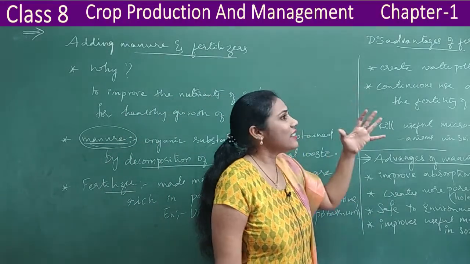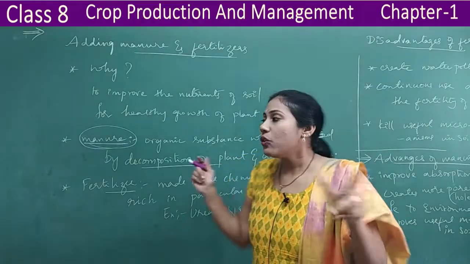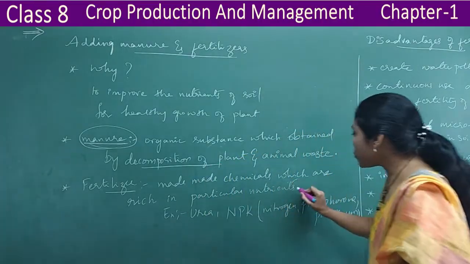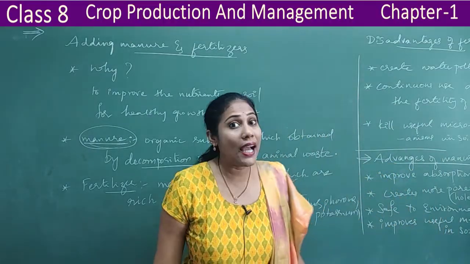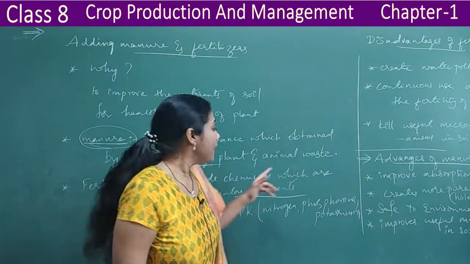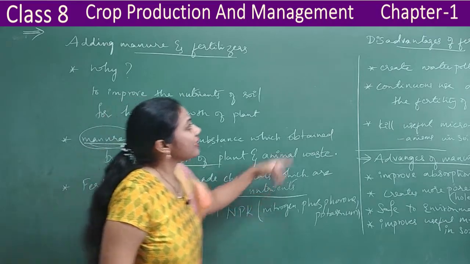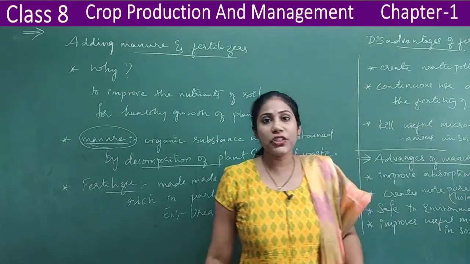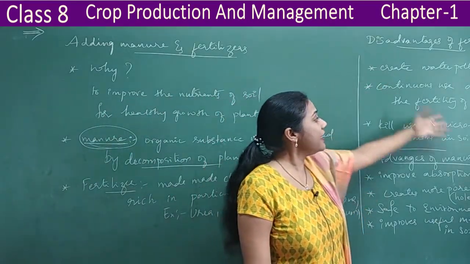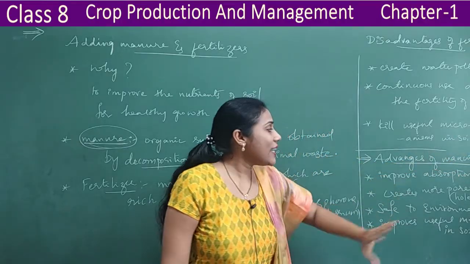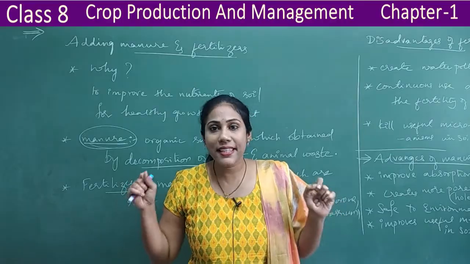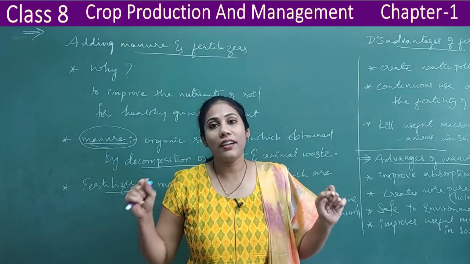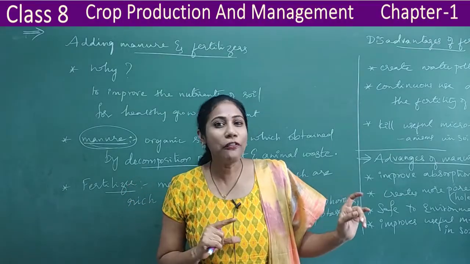You see, fertilizer doesn't have much advantage. The only advantage is it is rich in a particular nutrient. So using that nutrient, the plant grows in a better way. But more than advantages, it has lots of disadvantages. Yes or no? Manure has lots of advantages. So tell me, which is the best thing to use for agriculture, manure or fertilizer?